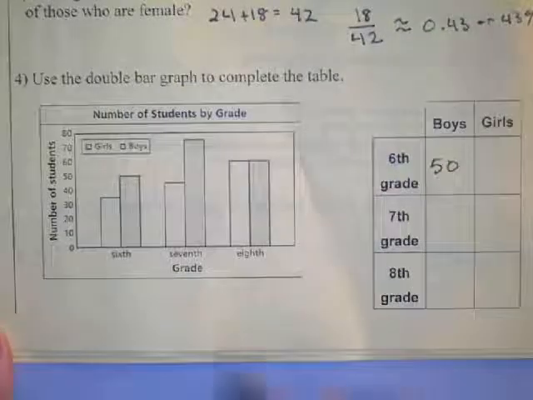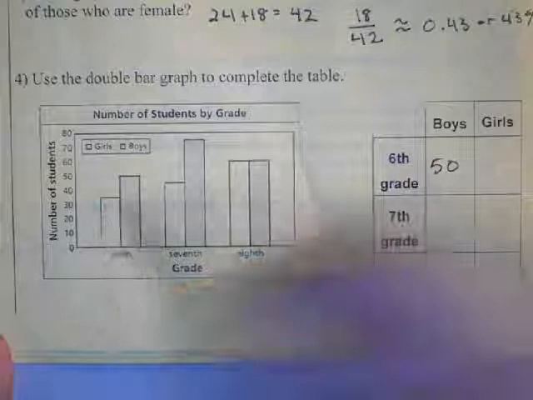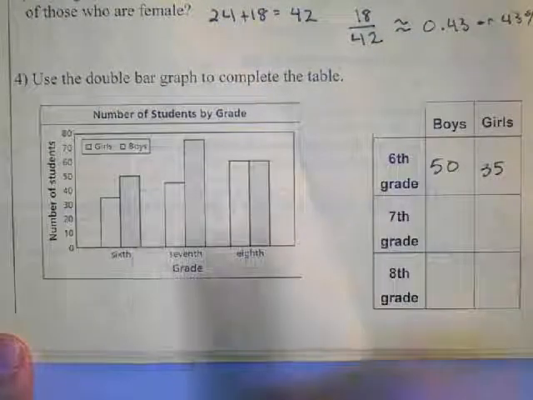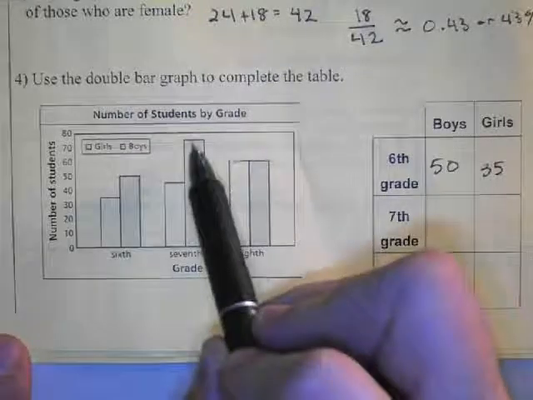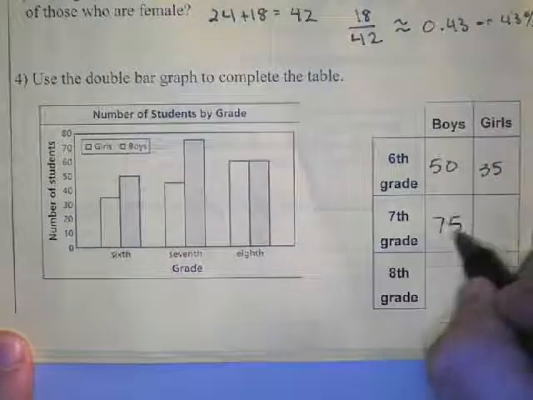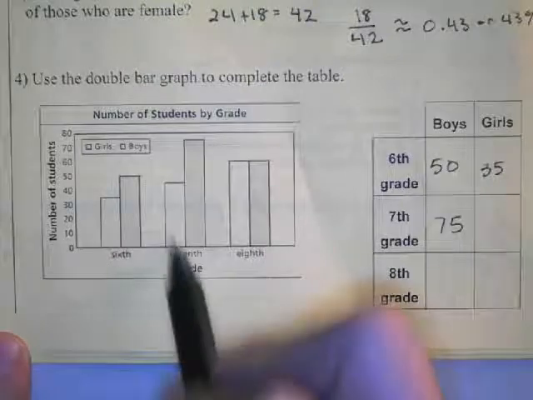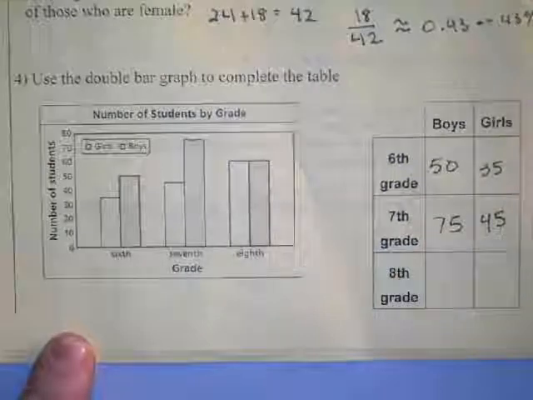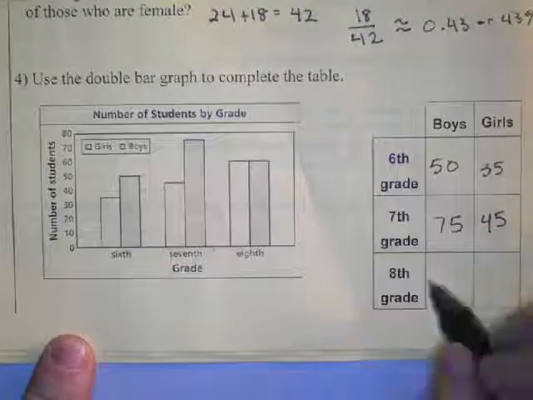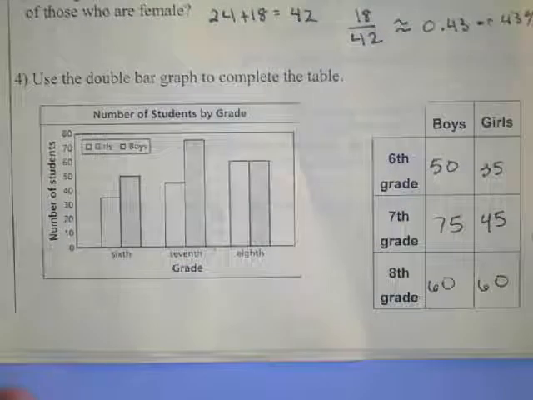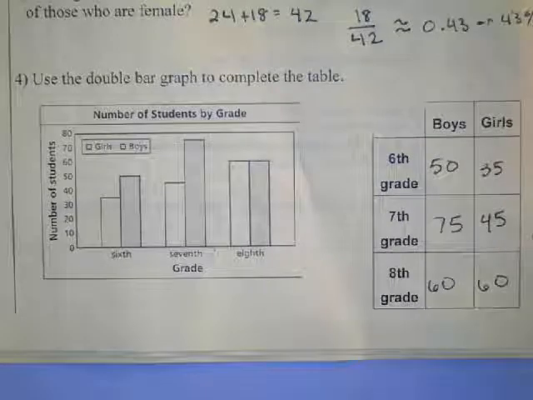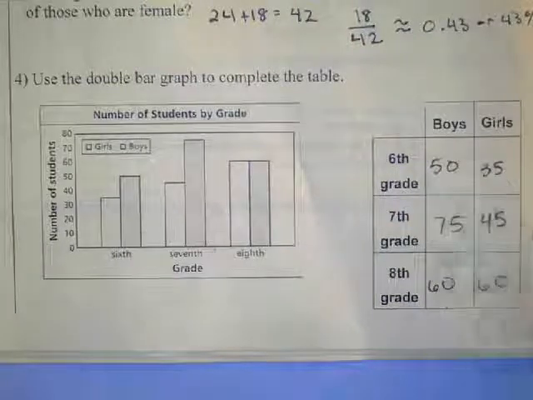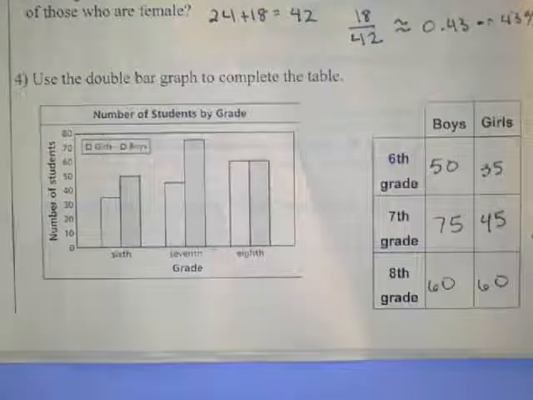And then my 6th grade girls looks like about 35. And then my 7th grade boys, let's see, go to 7th grade, go to boys, it looks about 75. And then my 7th grade girls, so here's my girls, and I go up to that, and that looks about 45. And then 8th grade looks even at 60 for both genders. So that's how we can build a two-way table from a bar graph.